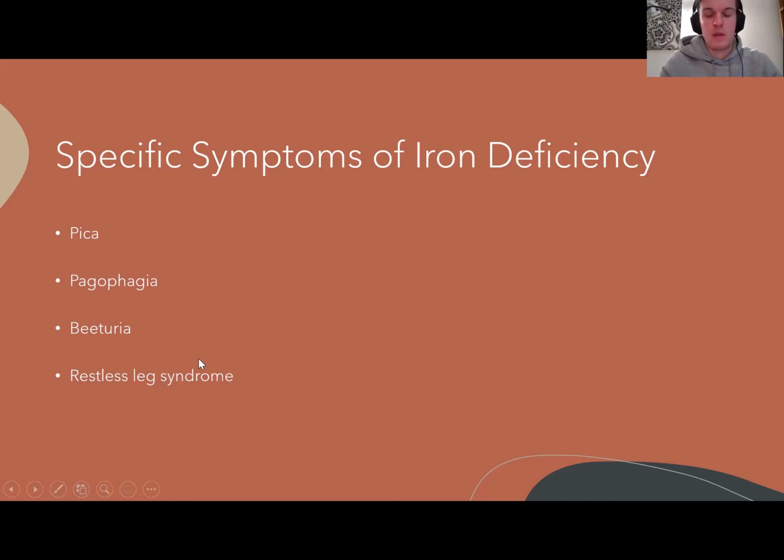So if you see that somebody has a megaloblastic anemia, they've got a raised MCV, what you would typically do is check the full blood count, see the MCV is high and the hemoglobin's low, and then you do a B12 and a folate check. Often you'll see that they're both low together, and if they are, you need to replace B12 before you replace the folate, because when you replace folate, people often feel better right away.